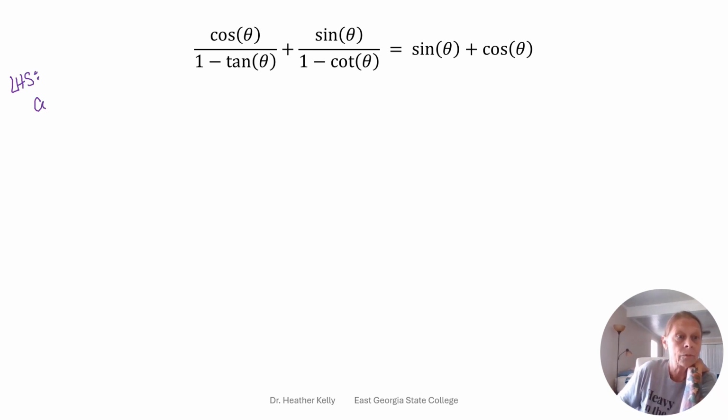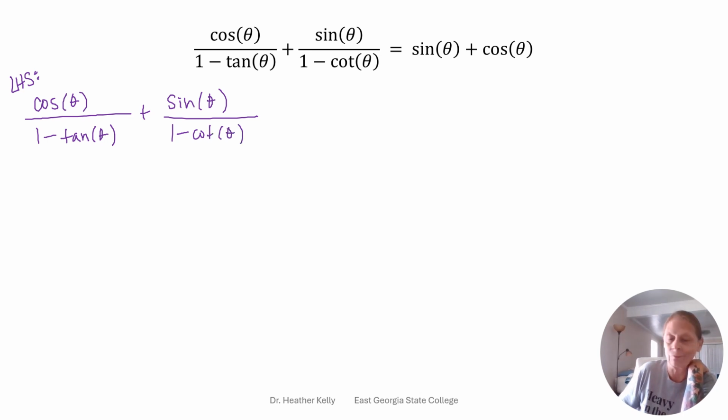We've got cosine theta over 1 minus tan theta plus sine theta over 1 minus cotan theta. So I see some business going on here. We've got cosines and sines on top, and this guy's tangent, this guy's cotangent.